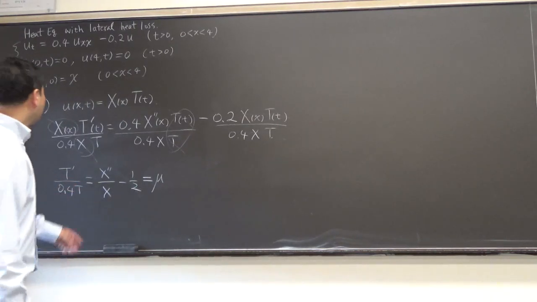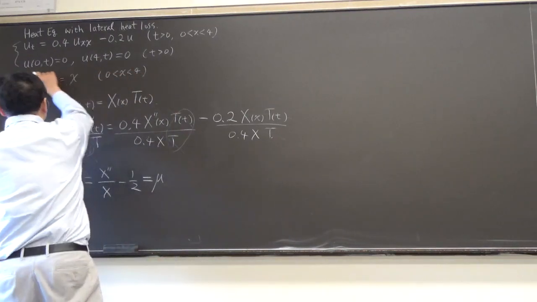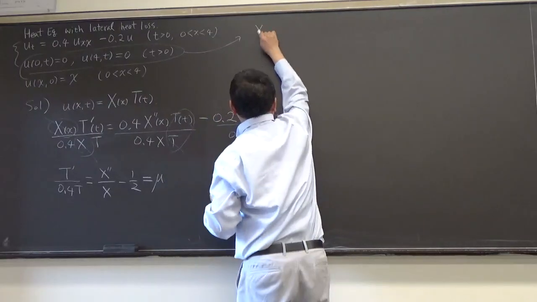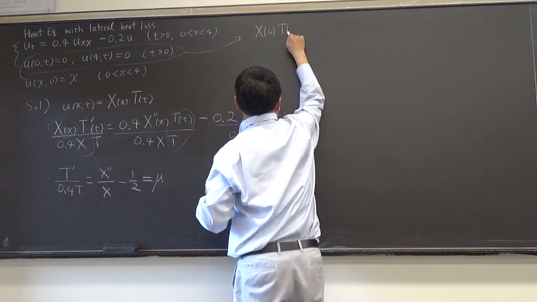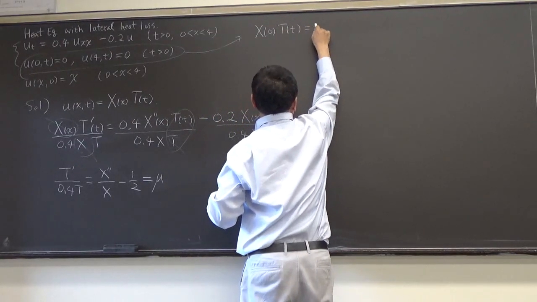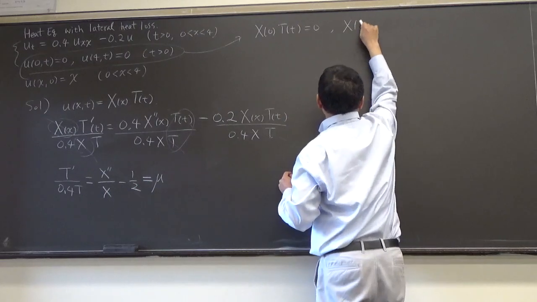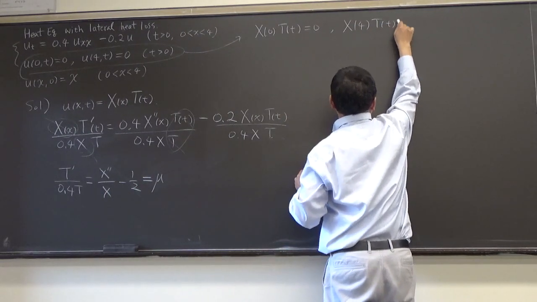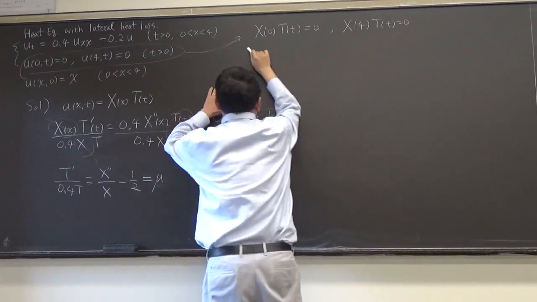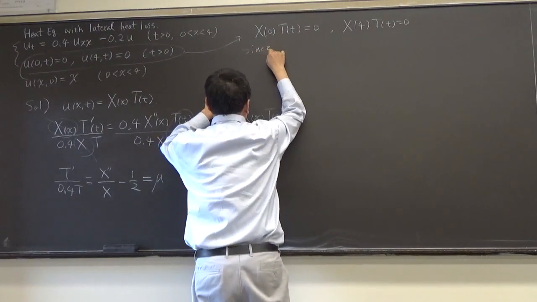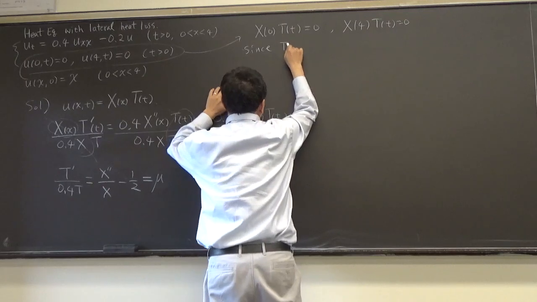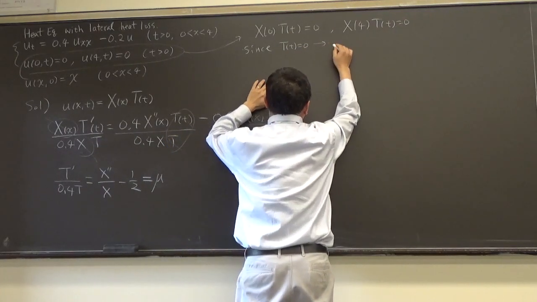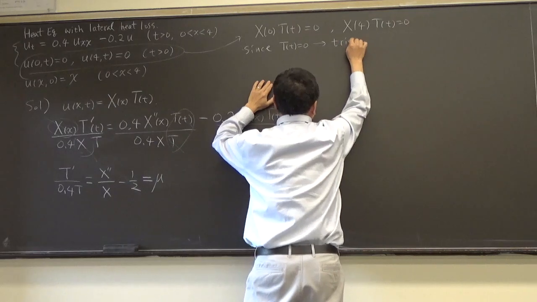And then the boundary conditions, these two conditions imply that x of 0 t of t equals 0 and x of 4 t of t equals 0, since t of t equal to 0 would give you a trivial solution.